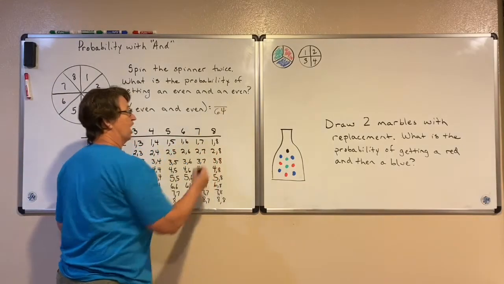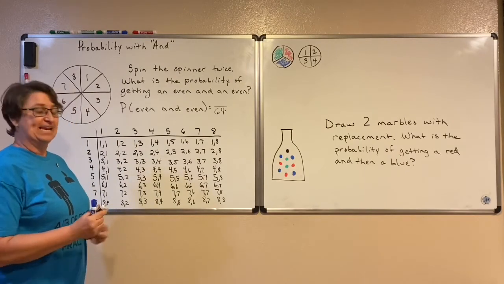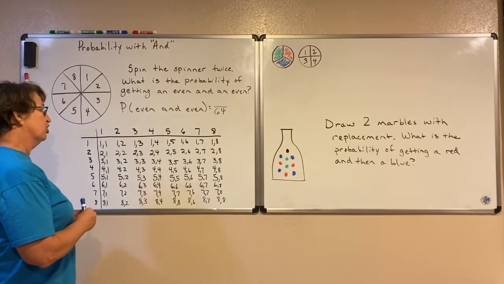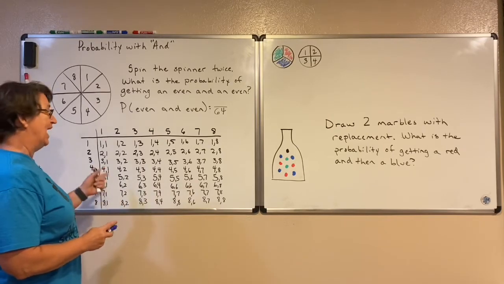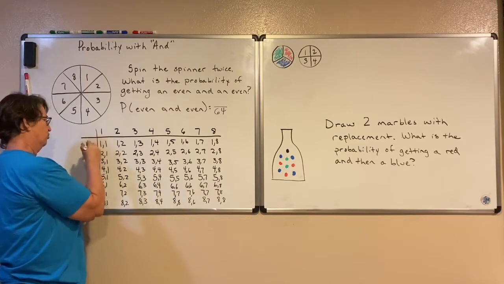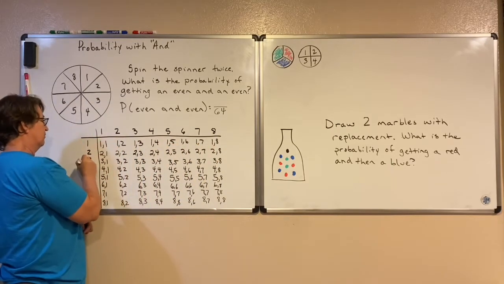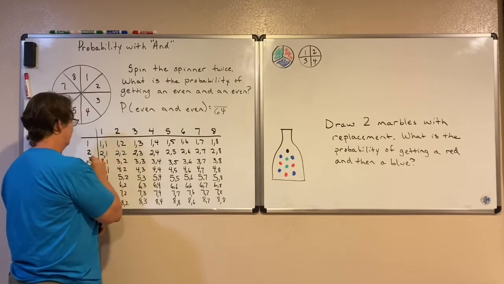That's my denominator. Then to find out how many are even and even, I'm going to go through and look at all the ones that are even and even. So I'd have to get an even on my first spin. Well, that eliminates all of this row. That eliminates all of the 3 row.